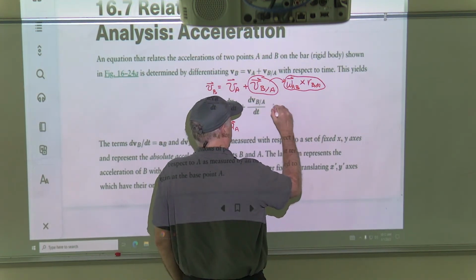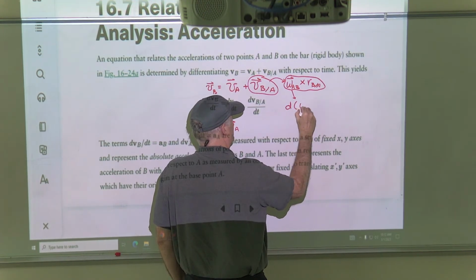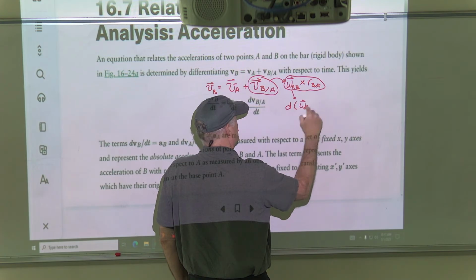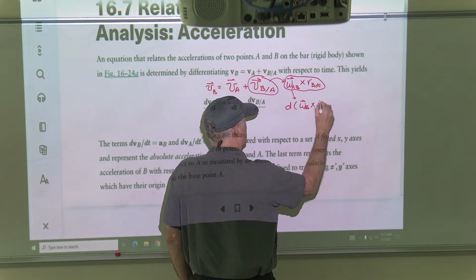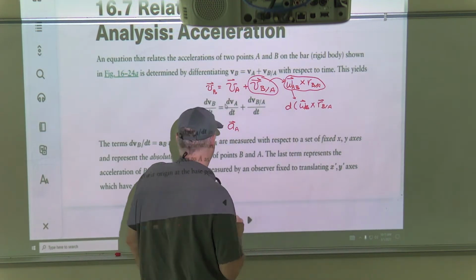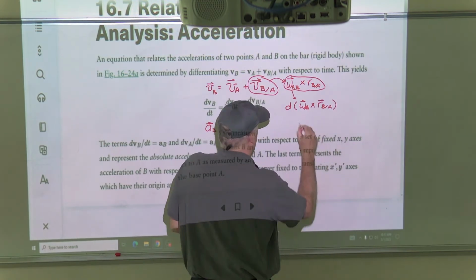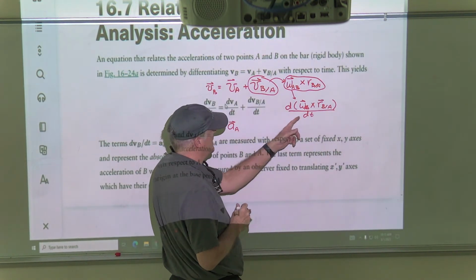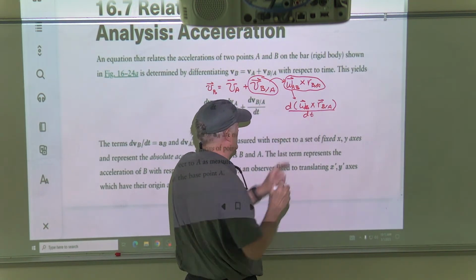So if you look at it, you bring this down, you're taking a derivative, omega AB, rotation cross R B to A. I have to finish it out with respect to time. So what you do is you take a derivative of this times that.